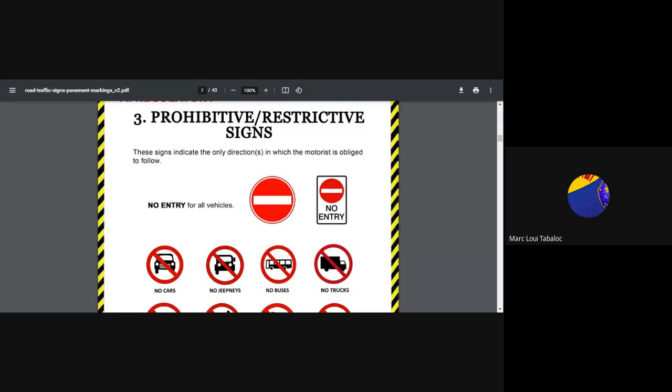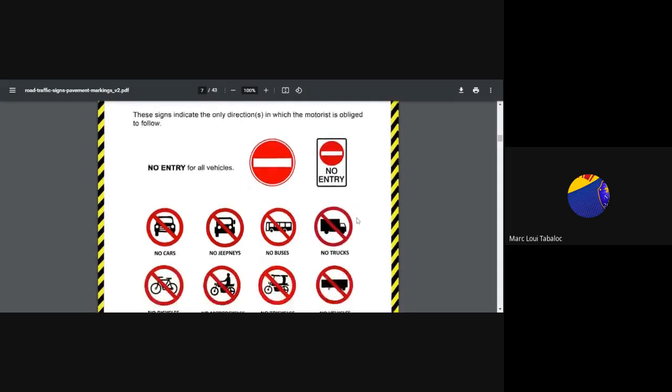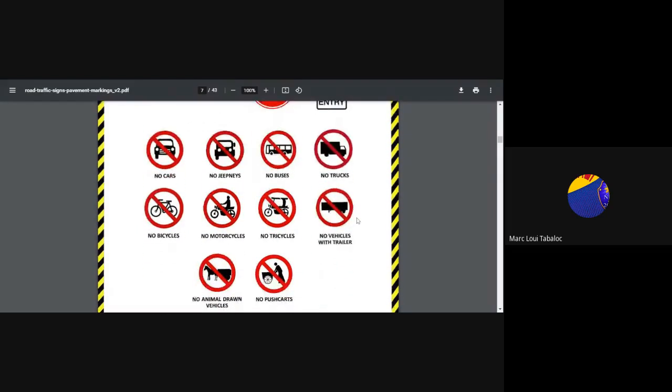Commonly, circular or rectangular yan sila and you would see black and red pati white color. Okay? Commonly, white background talaga na, such as what you are seeing right now. 'Di ba? Na may circular sign na may diagonal line or line. Yan, which prohibits the entry of vehicles or road users.